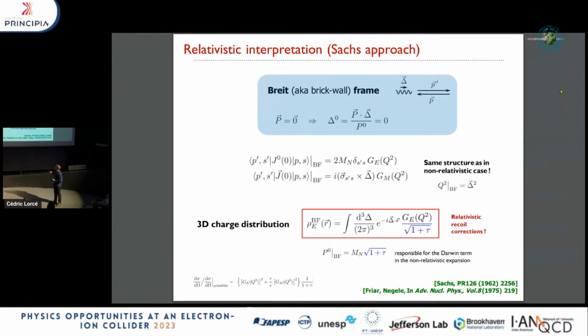And you get essentially the usual definition of the charge density in the Breit frame according to Zaks. If you look at the original papers, first Zaks had this 1 over square root of 1 plus tau that was mentioned yesterday. It's essentially that if you look at the inertia in the Breit frame, since the initial and the final particle are not at rest, it's only the average momentum which is 0.